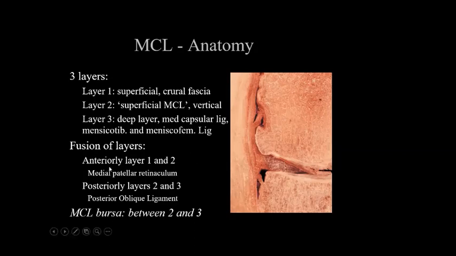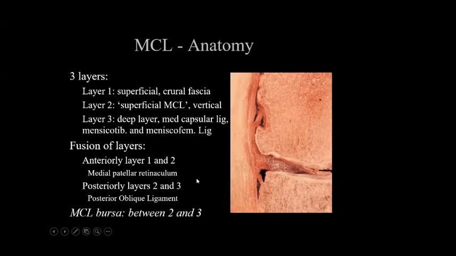These layers are also important anatomically because they fuse with each other. The first layer and the second layer, when they fuse together, form the medial patellar retinaculum. But the second layer and the third layer, when they fuse posteriorly, form the posterior oblique ligament.